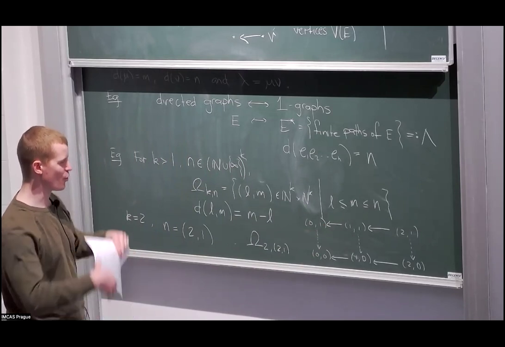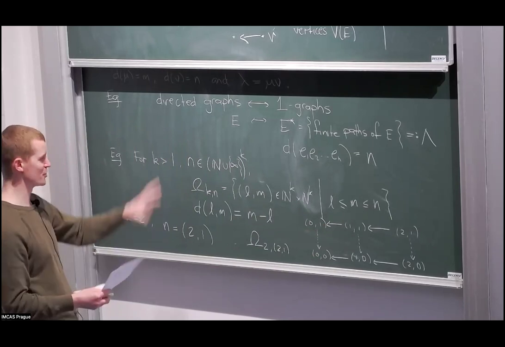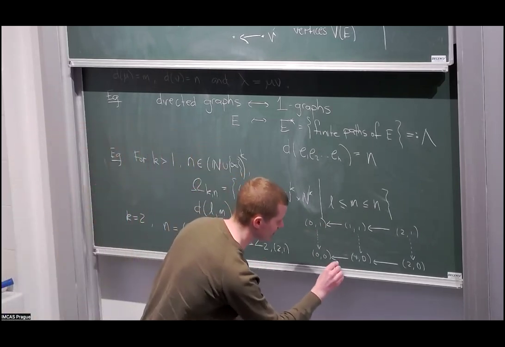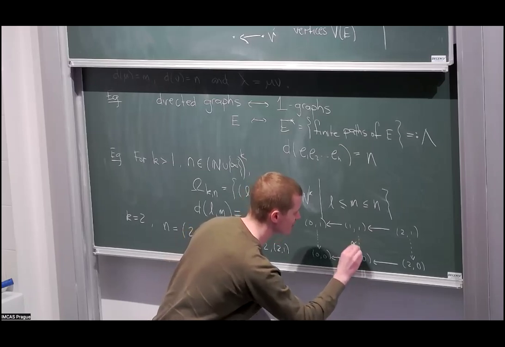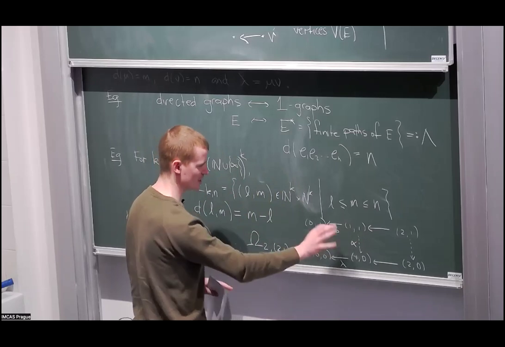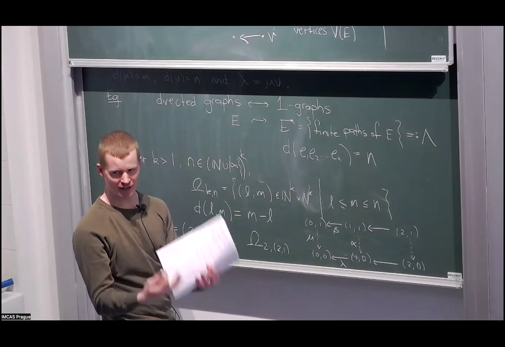And what you start to see, the new phenomenon, that's the whole reason we've introduced all of these technicalities in multiple dimensions, is that if I label some edges lambda, mu, alpha, beta, then we now have relations in our category.